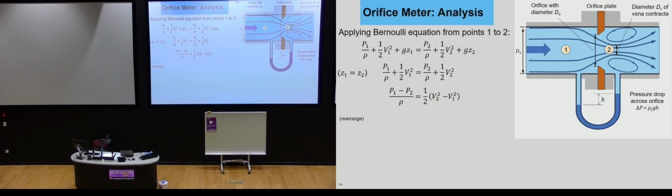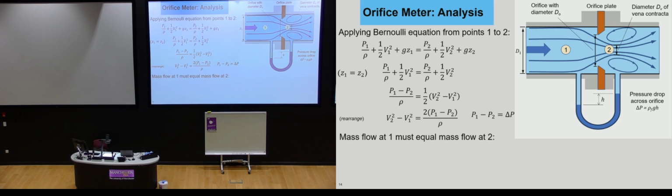Hopefully this is familiar to you now, because it's very similar to the Venturi flume that we did two or three weeks ago. So now we arrange for V2 squared minus V1 squared, and P1 minus P2 is equal to that pressure drop, delta P. We can't go any further with that equation, so now we use our knowledge of the mass flow rate.